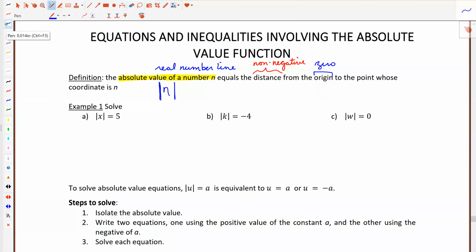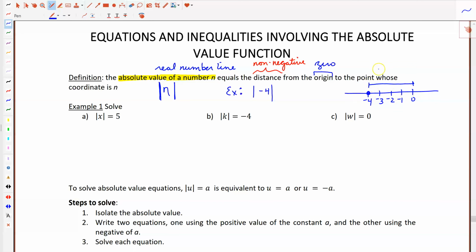As an example, what if I asked you to find the absolute value of -4? That is asking you on a number line, where is -4 and how many units is that number away from 0? So here is -4.